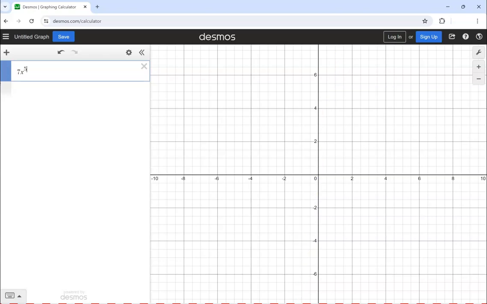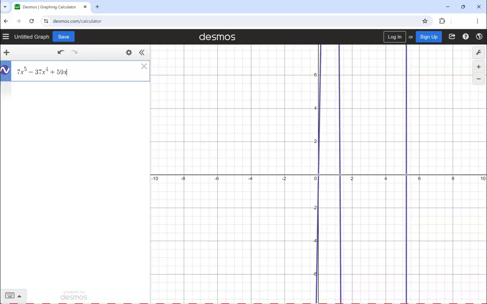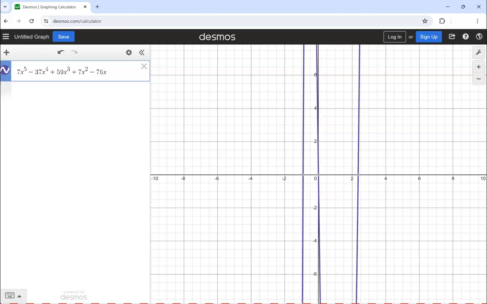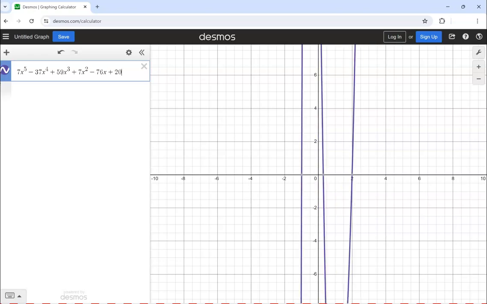7x to the 5th minus 37x to the 4th plus 59x cubed plus 7x squared minus 76x plus 20. How many roots did we say we need to find? 3. How many do we see on the screen right now? I see 3. Hopefully they're in my list, right? This one is -1. That's a good one.